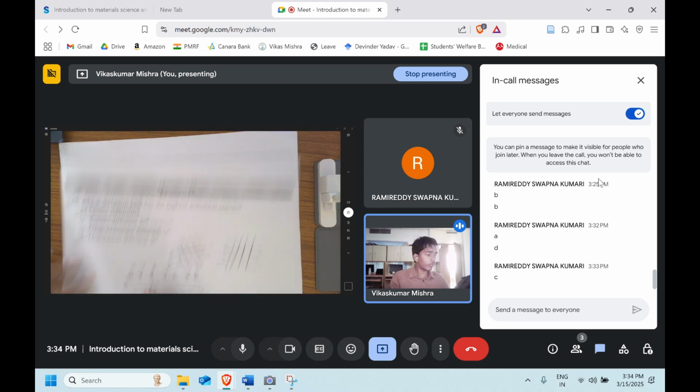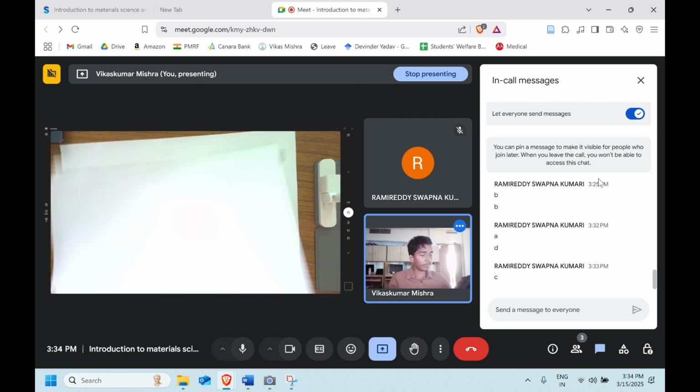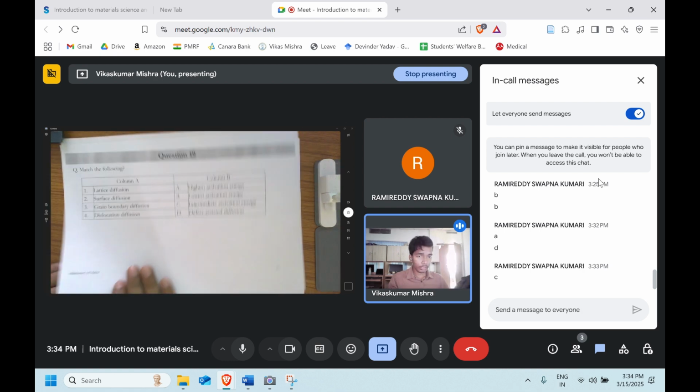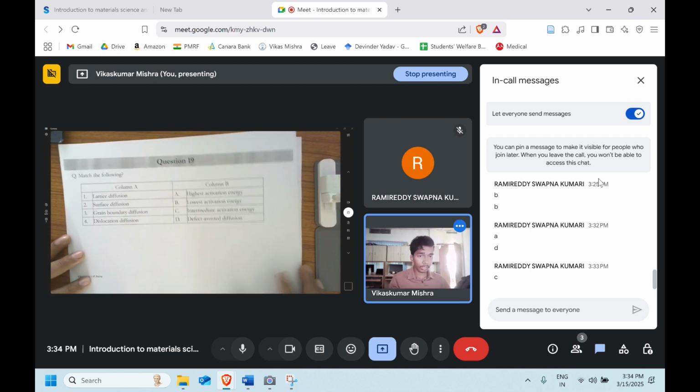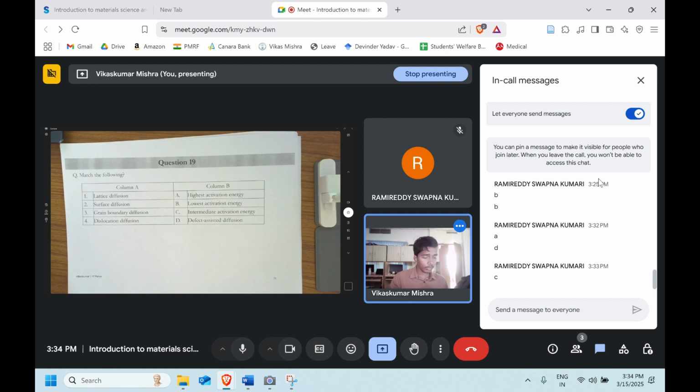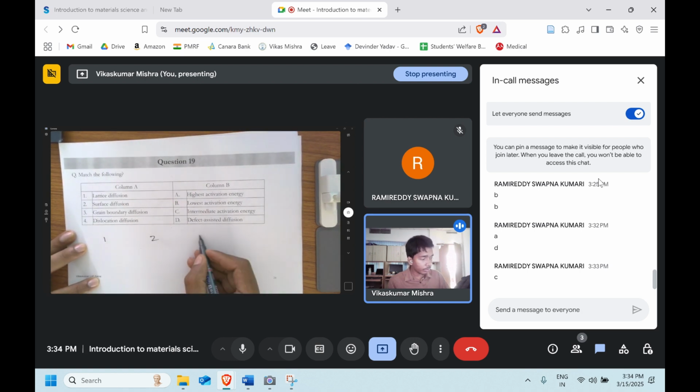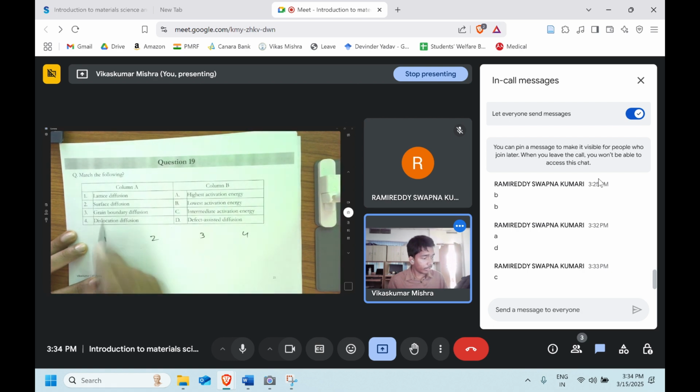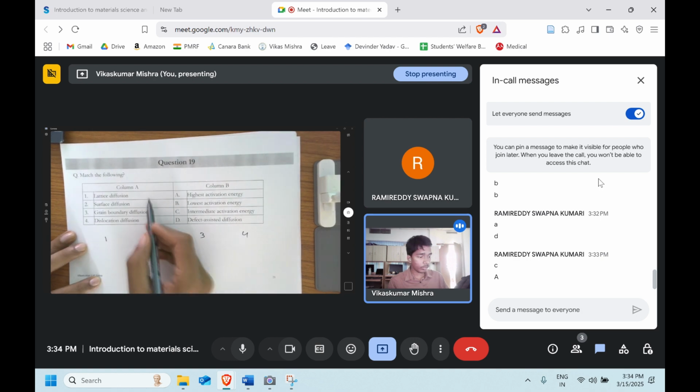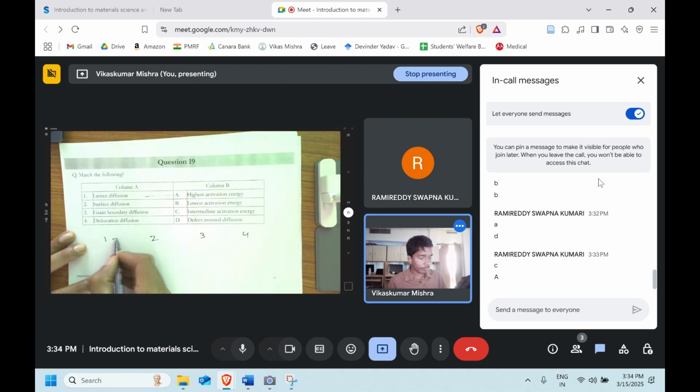Okay, let's move ahead to the next question, question number 19, and this is today's final question. This question is telling us that we have to match. We already did this part, I think, so you can directly tell me the answer. Lattice diffusion, okay, option A. Surface diffusion is the one having the lowest activation energy, right?